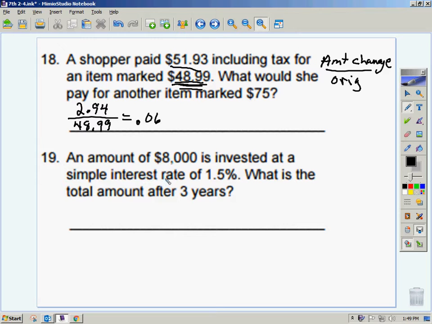What's that percentage? 6%. That's how much the tax was. So if I bought a $75 item, I'd take 75 times 1.06. $79.50.